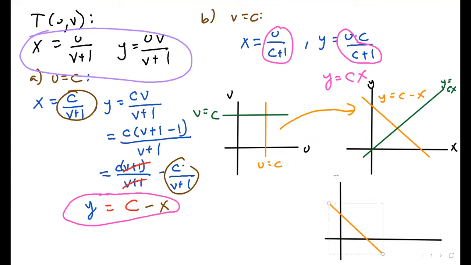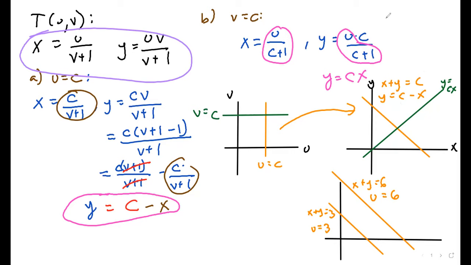So 2 of the lines had equation x plus y is equal to 6, and x plus y is equal to 3. And those were coming from, as we said, u is equal to 3, and u is equal to 6. Y is equal to c minus x can just be rearranged as x plus y is equal to c.